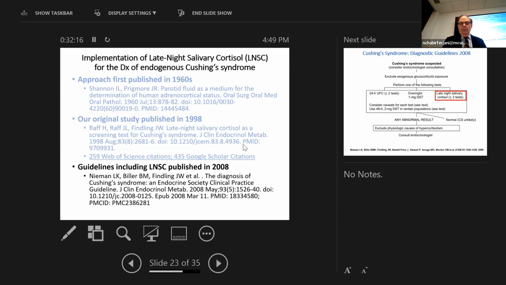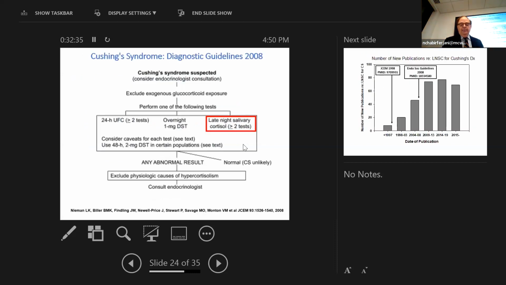And so fortunately, and you gotta realize, even though this was 10 years after we published it, it still wasn't quite as embraced in all parts of the world as it is now. But nonetheless, when we established the guidelines, it did get in there as one of the preferred screening tests for patients with suspected hypercortisolism.